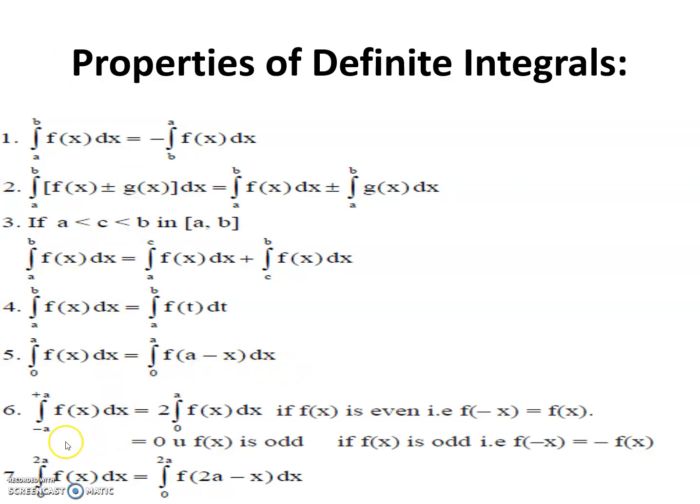Sixth one: integral from minus a to a of f of x dx is equal to 2 times integral from 0 to a of f of x dx if f of x is even, that is f of minus x is equal to f of x, and it is equal to 0 when f of x is odd. If f of x is odd means what? If f of minus x is equal to minus f of x. Last but not least: integral from 0 to 2a of f of x dx is equal to integral from 0 to 2a of f in bracket 2a minus x dx.